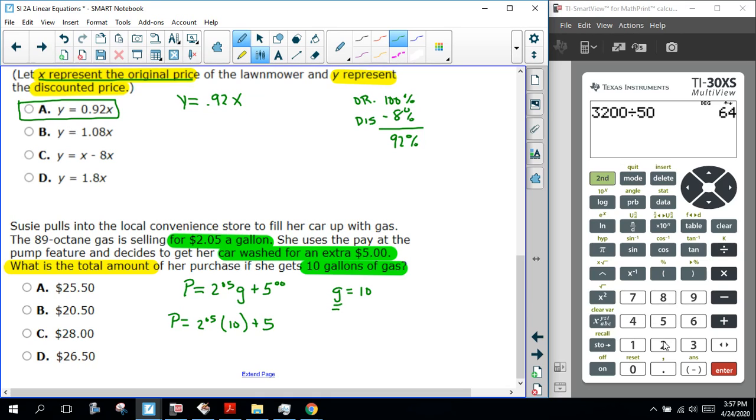You could plug in 2.05 multiplied by 10. Well, that's just going to move the decimal one place. And then we add the $5 for the car wash, and her grandiose total is 25.5 or $25.50.